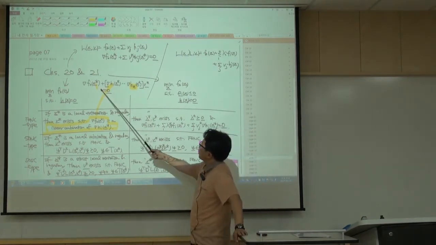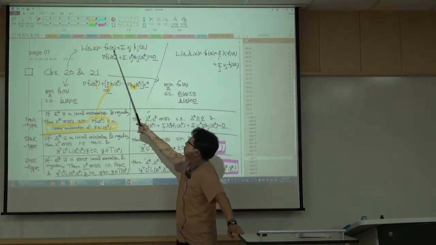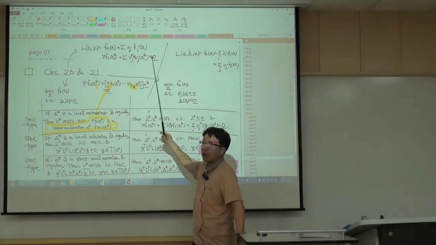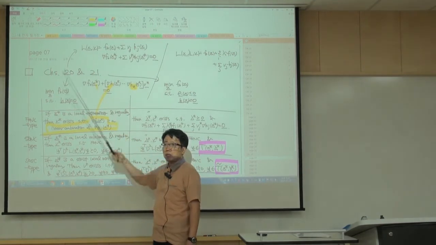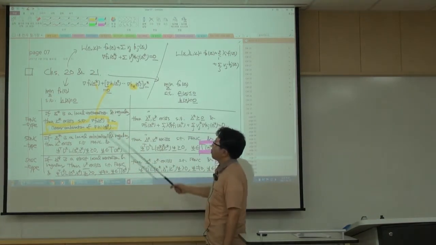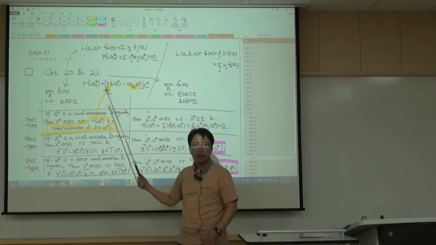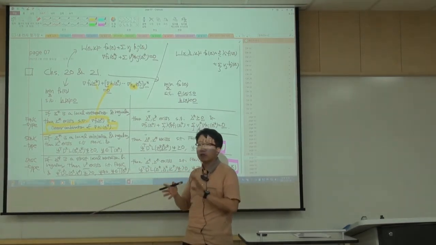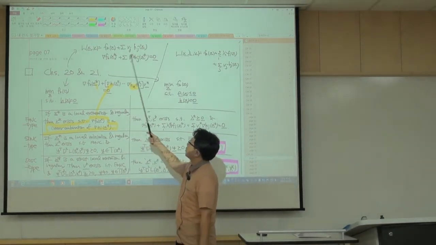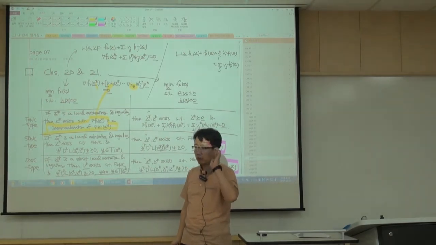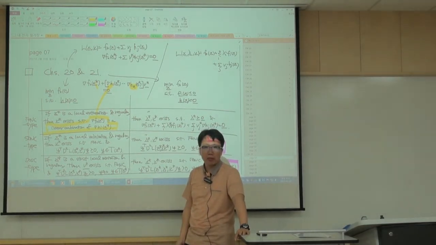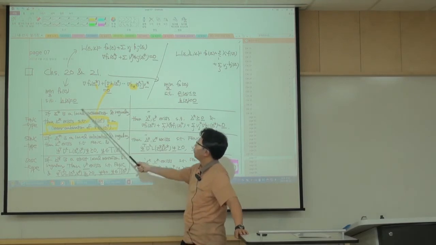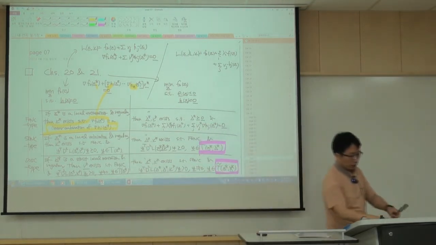And as you see here, this is nothing but the first order derivative of the Lagrangian with respect to x. So here, as you see, in chapters 20 and 21, we always assume that the objective, equality and inequality constraint functions are all continuously differentiable. Got it? So we have one more condition here. So let me write here.